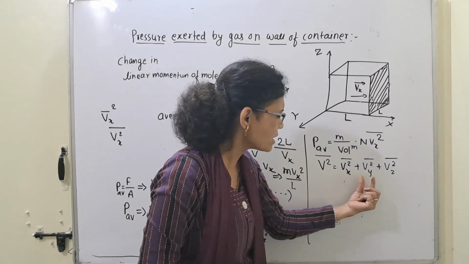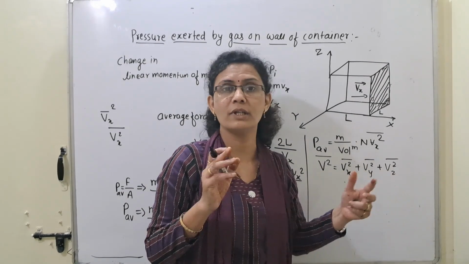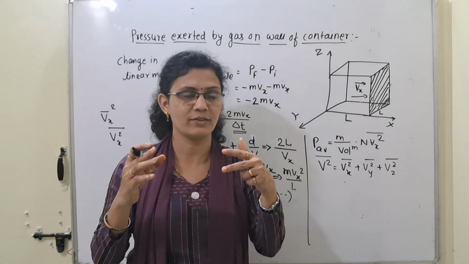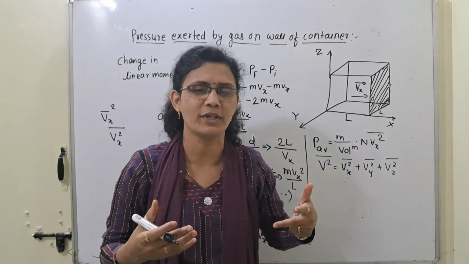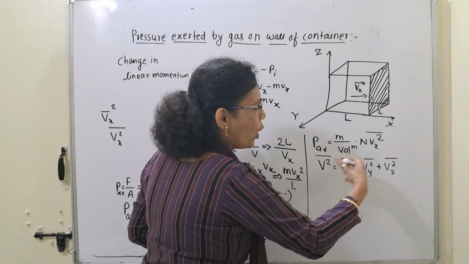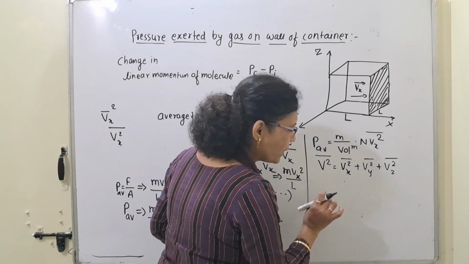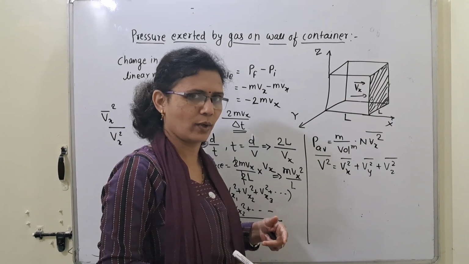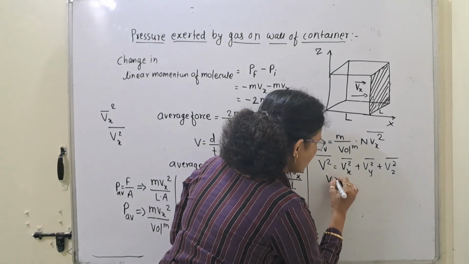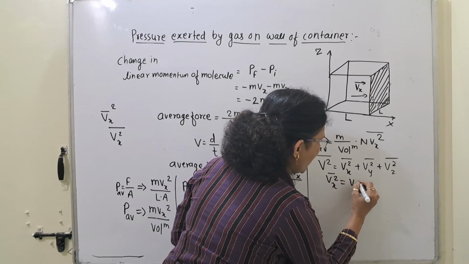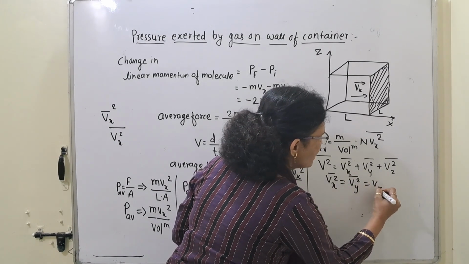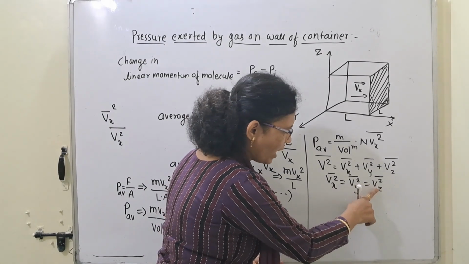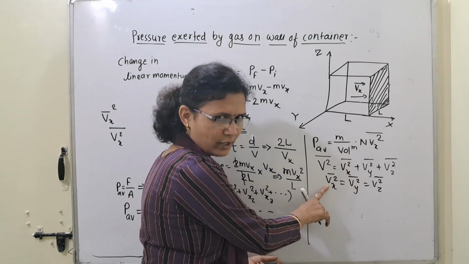So the velocity of molecules in x, y directions will be the same. Average velocity we have considered, so all these velocities will be the same. So in place of Vy square, Vz square, we will take Vx square. If Vx square bar is equal to Vy square bar is equal to Vz square bar, then in place of Vy, Vz square bar, I can write Vx square bar.